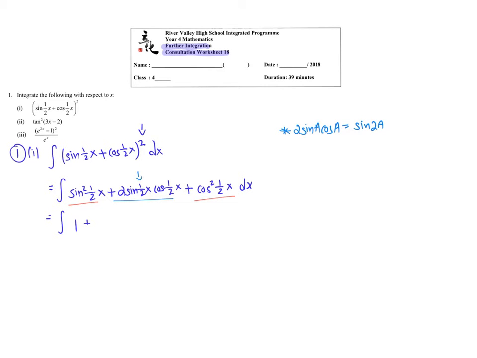In this instance the A is our x/2, so we are expected to have sin x dx. So let's continue our integration. We are expected to have x minus cos x plus c, where c is a constant.